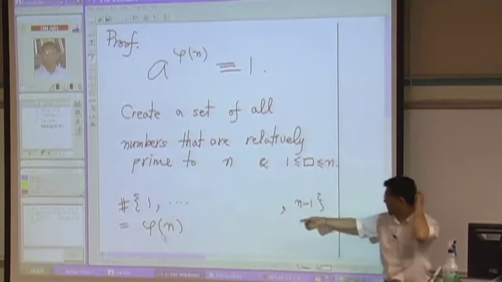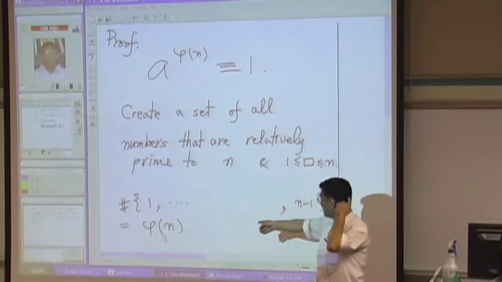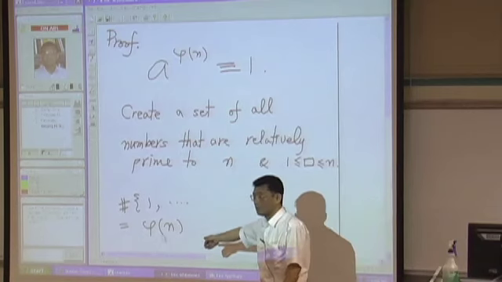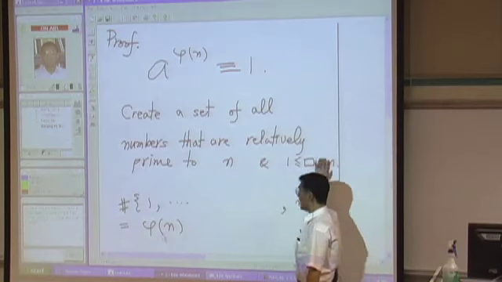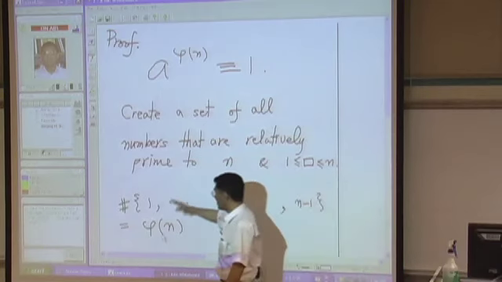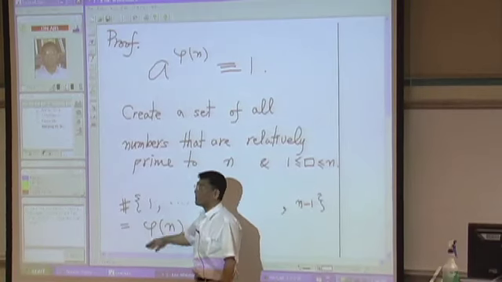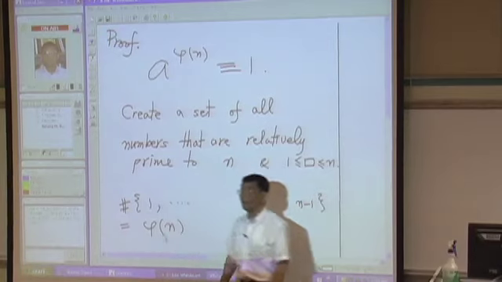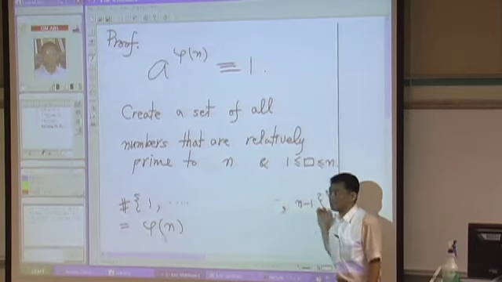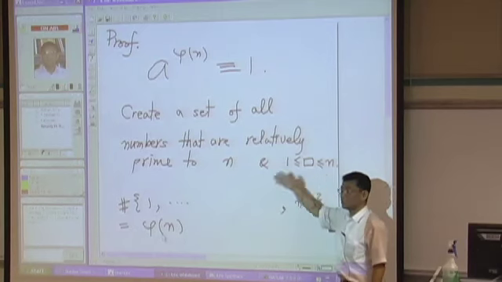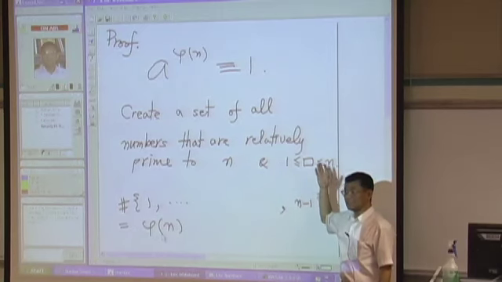If you don't remember the definition, please visit the definition part. These are relatively prime numbers to n, and that is counted in the definition. This is not a special thing. Phi of n is the number of numbers inside the set satisfying these conditions. Any questions?